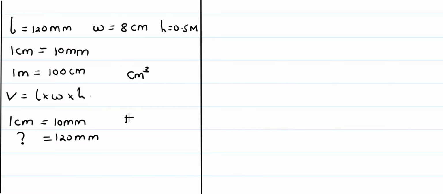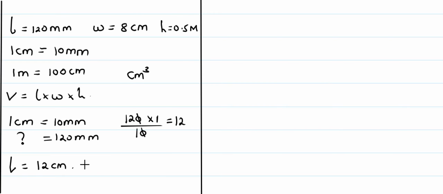So it will be 120 multiplied by 1 divided by 10. I can cancel that 0 with this one, then 12 multiplied by 1 will be 12. So now the length L becomes 12 centimeters.